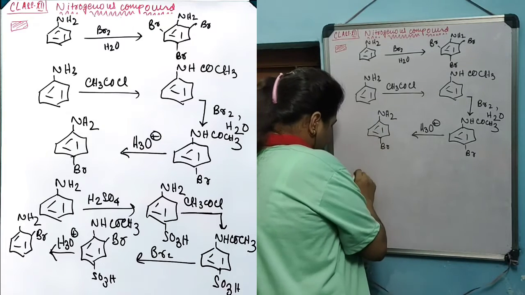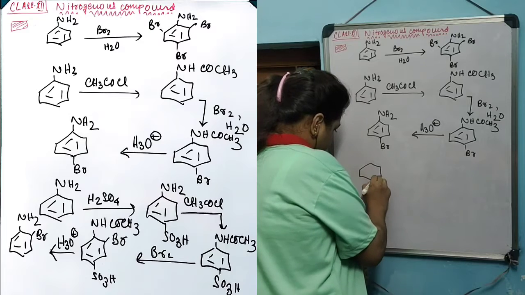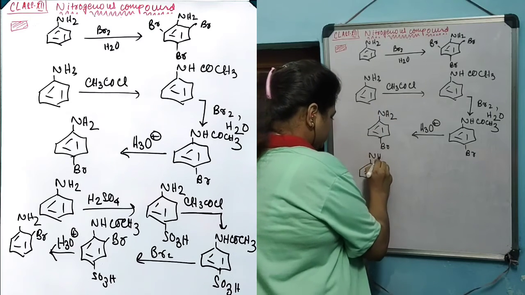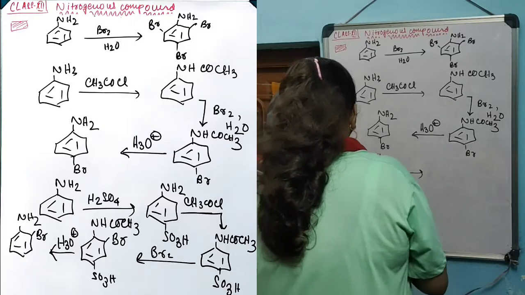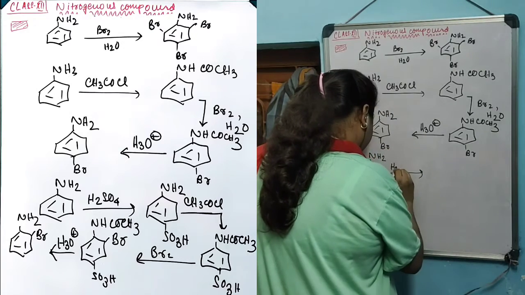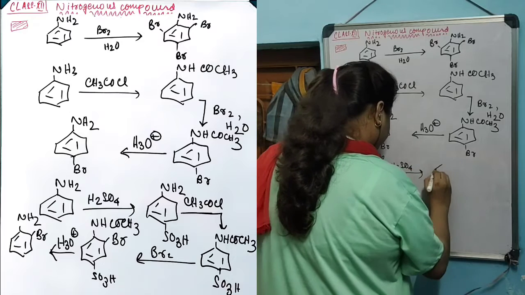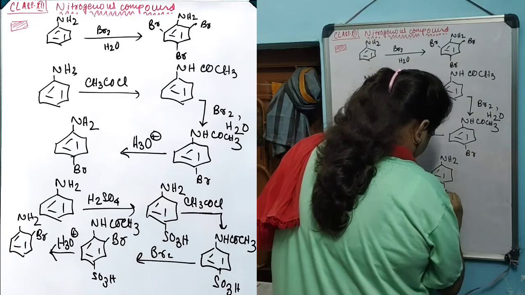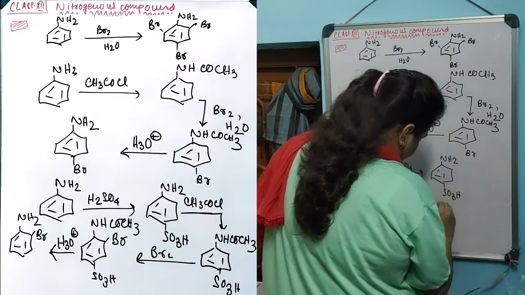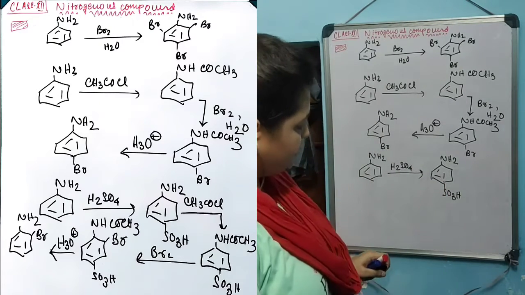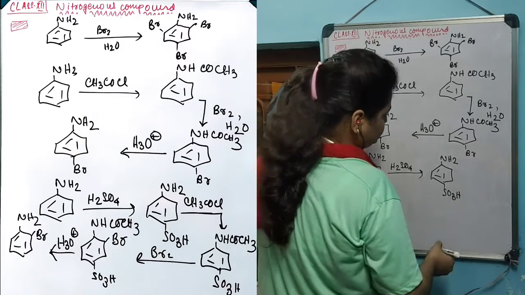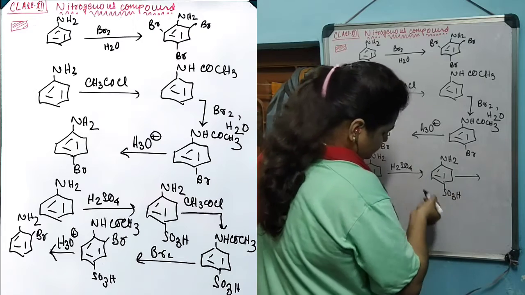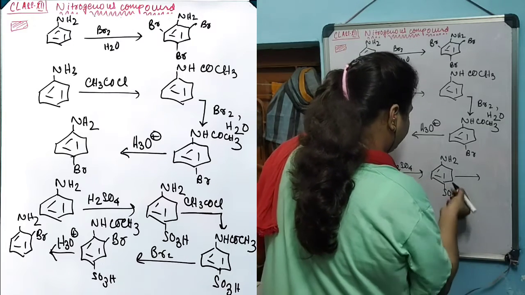Now, to form ortho-bromoaniline, we need to block the para position, and that can be done by incorporating H2SO4. By incorporating the SO3H group in the para position, as this is a bulky group, it occupies the para position preferentially.